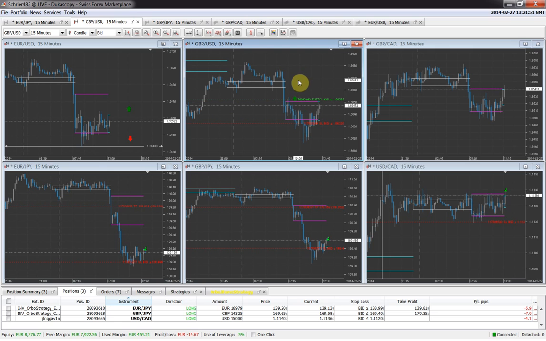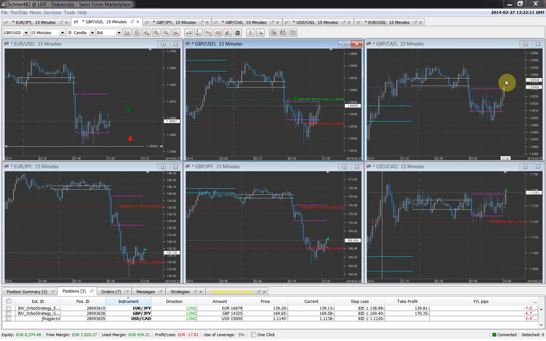If the yen pairs are not gonna behave as we are expecting, we are gonna close them. Okay? No reason to hold a losing trade.